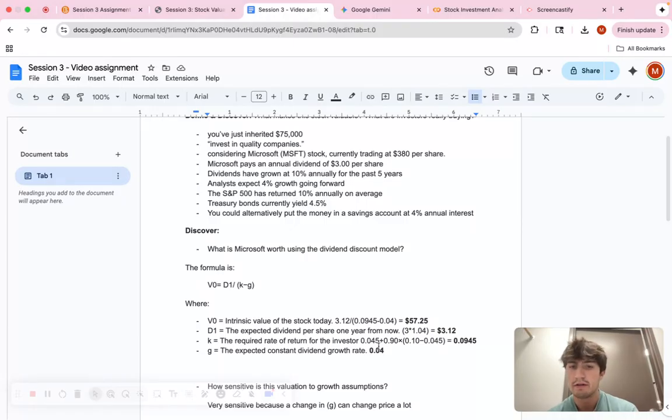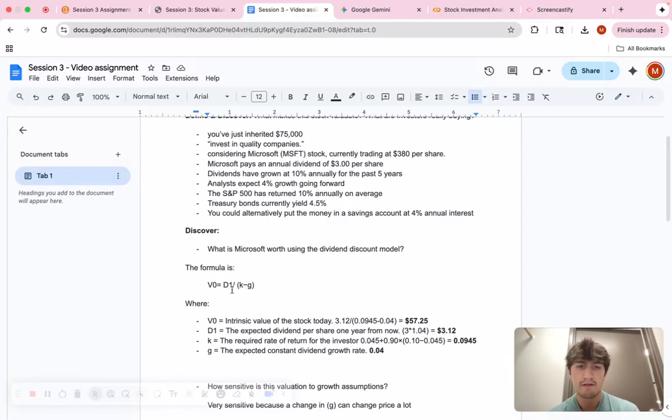So it would be that, which is the risk-free rate, plus the beta times the risk premium, which would be the S&P 500 minus the treasury bonds, which is the risk-free one. So you get about a 9.45% or that decimal. And then G is just the expected constant dividend growth rate, which is just what the analysts predict.